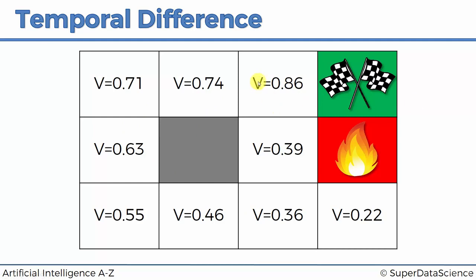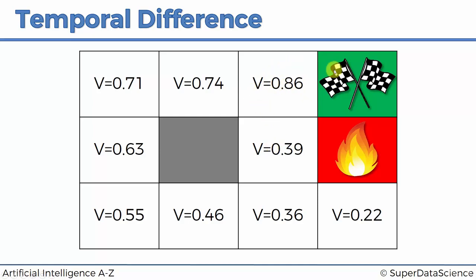Why is it so much harder to calculate these values in the non-deterministic example? Or generally speaking, in these environments with the agent going through them, why can it be so hard to calculate these values? Well, when the agent moves, for instance, from here to the right, he doesn't necessarily always move that way. Sometimes there's a chance that he'll go elsewhere instead of going straight.